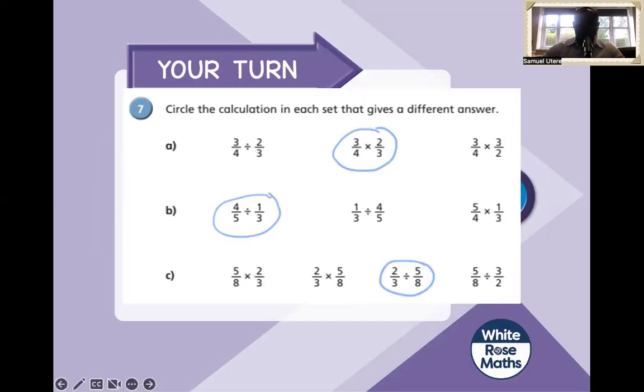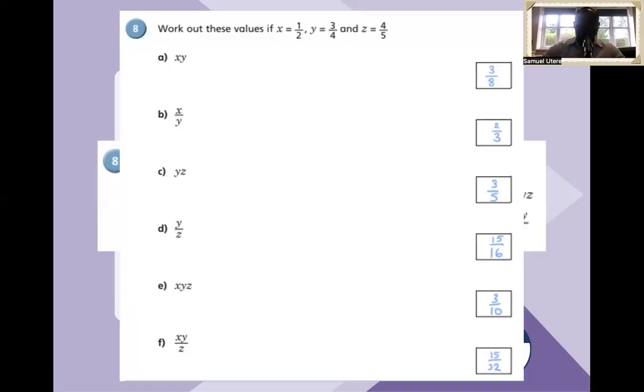So for question 8, here you're asked to work out these values if x is half, y is 3 over 4, and z is 4 over 5. So by now, all you have to do is just to do your substitution, and then your answers will just spring right at you.